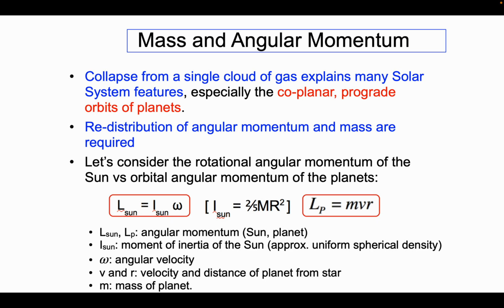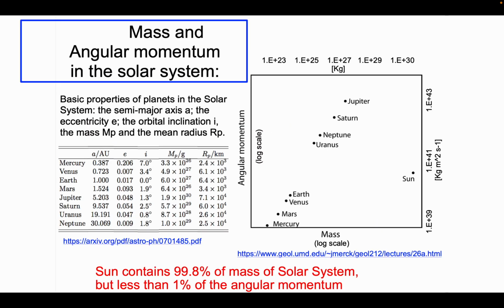I omega, I is the moment of inertia of any rotating body, and imagining the Sun as a sphere, 2/5 M R squared is the moment of inertia, which just comes from the formula. v and r are the velocity and orbital radius of the planet, and m is the mass of the planet.